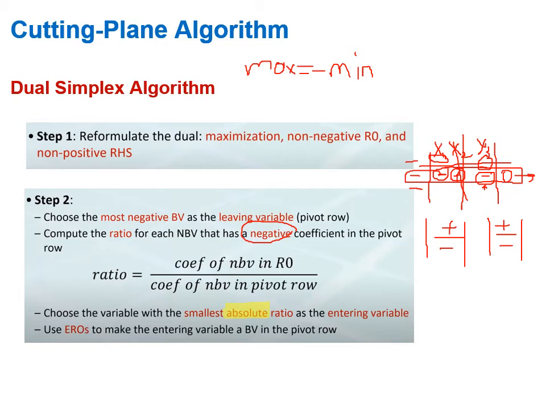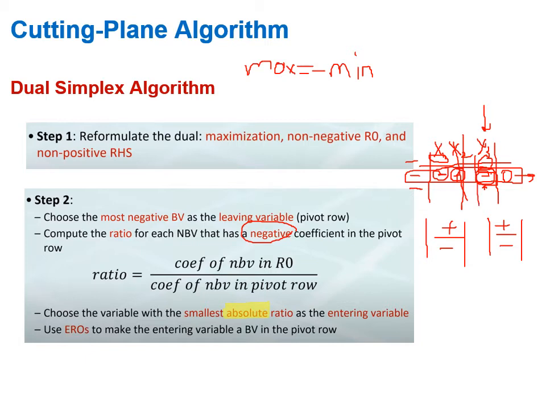Okay, what did we do until now? We decided on the leaving variable, we made a ratio test and decided on the entering variable. And then the new tableau is found by elementary row operations, the same way as in the regular simplex, because with this ratio test we decided on the entering variable as, let's say, x3, and it means that now this element here is the pivot element and we want this column to have 0, 1, 0.